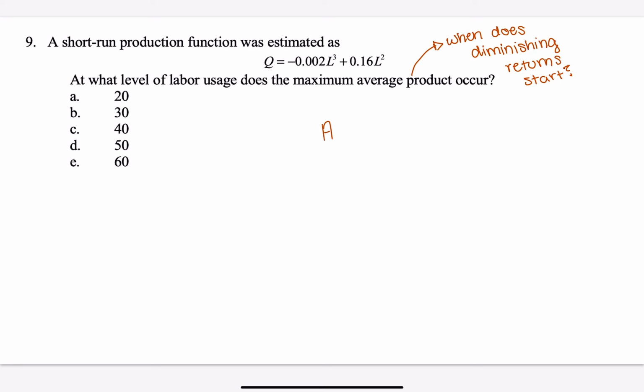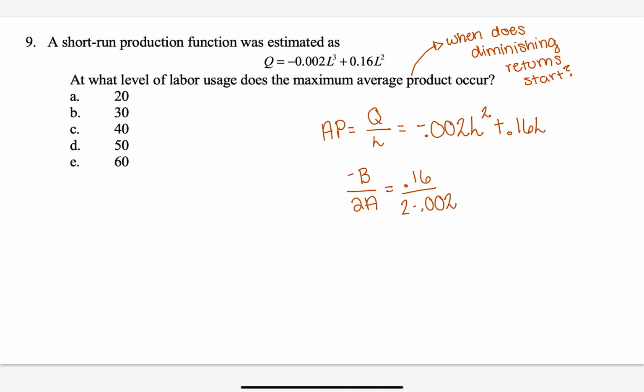So we're going to find our average product curve, which is Q divided by L, which is going to give us negative 0.002L squared plus 0.16L. And then we're going to use negative B over 2A, which is 0.16 divided by 2 times 0.002 equals 40. So our answer is C.